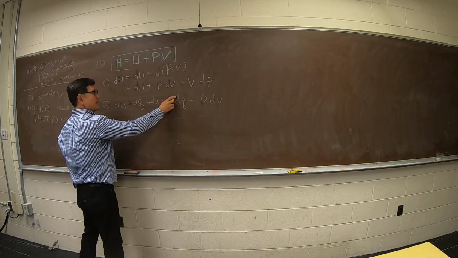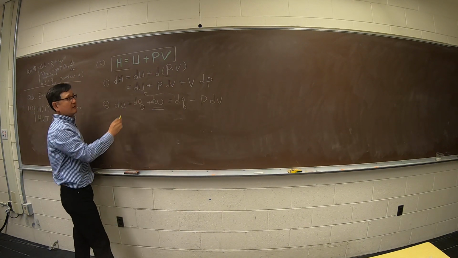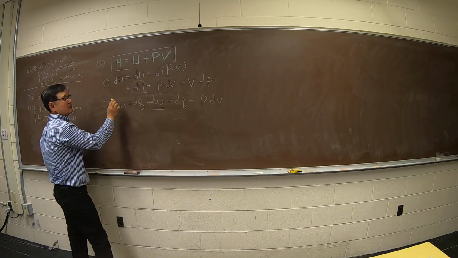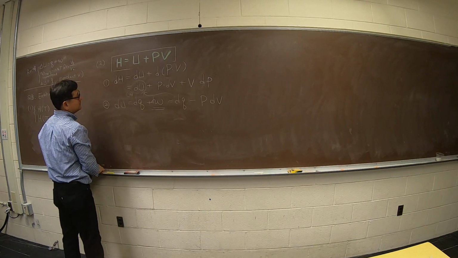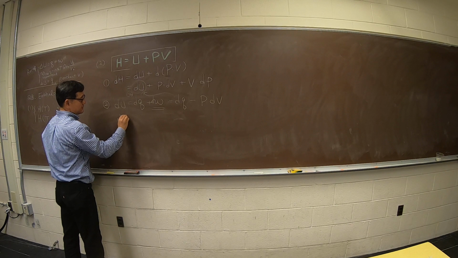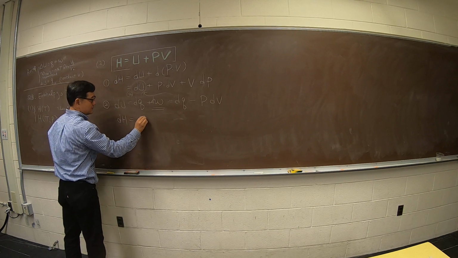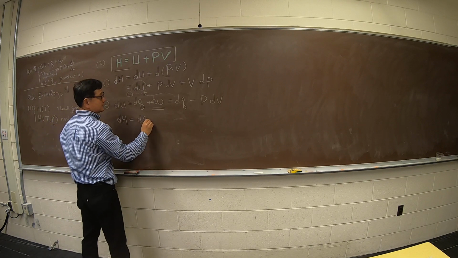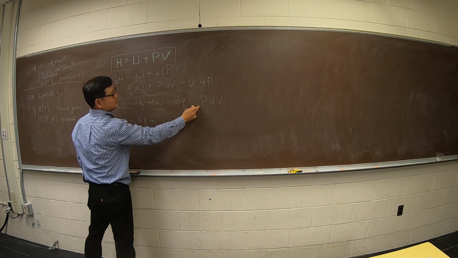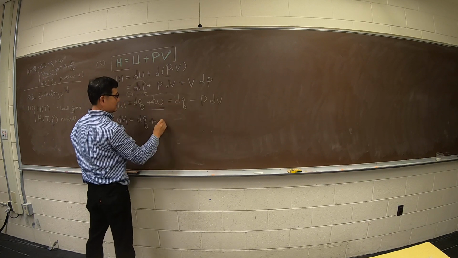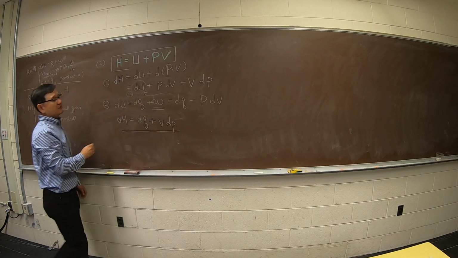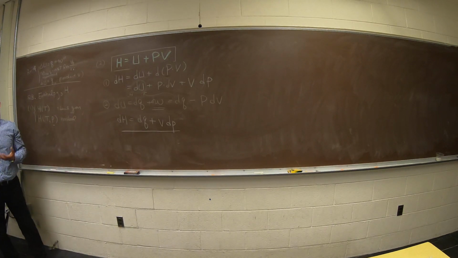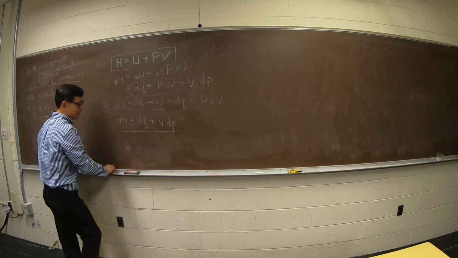And then I put that in, because that's the dU from equation 2. And then I finally get this form: enthalpy change is dq, and this is gone. This equation is not so useful, but it's the form that gets us ultimately to where we want to go.